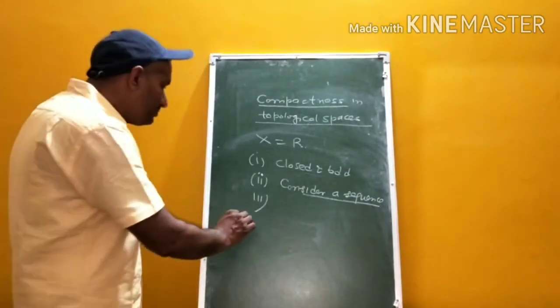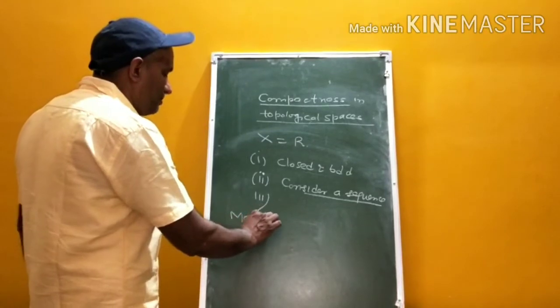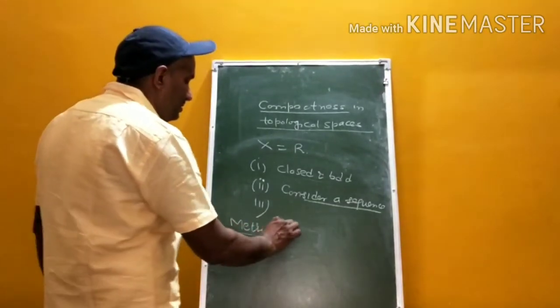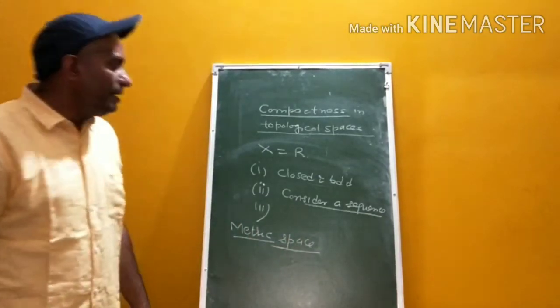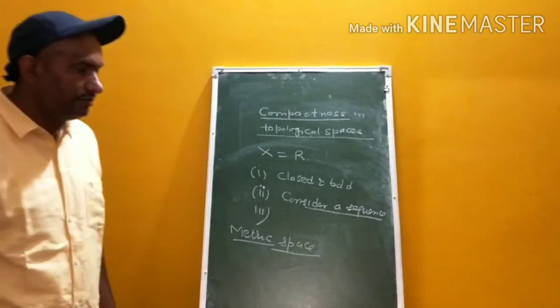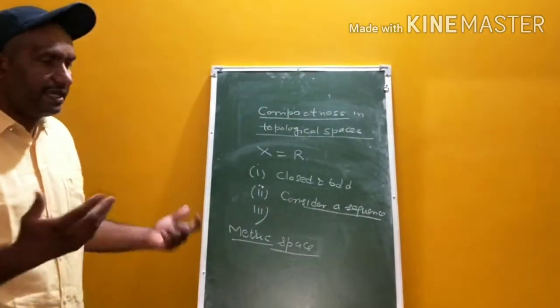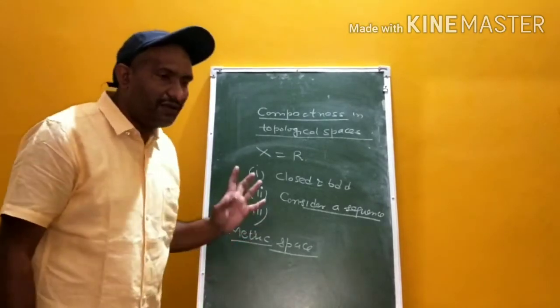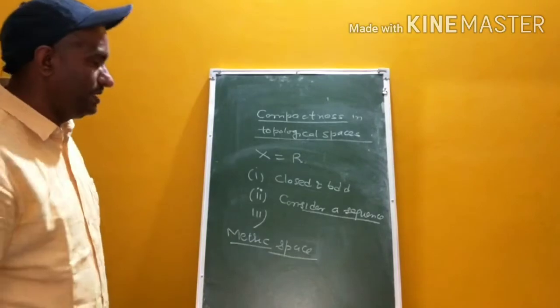Now we come to compactness in metric space. In real line compactness, when a set is closed and bounded, it is compact, but in metric space this will not happen. If a set is closed and bounded, then we cannot say that set is compact in the sense of metric space.